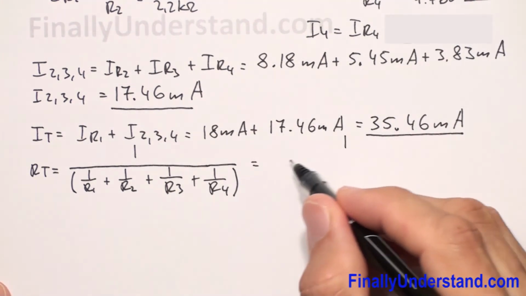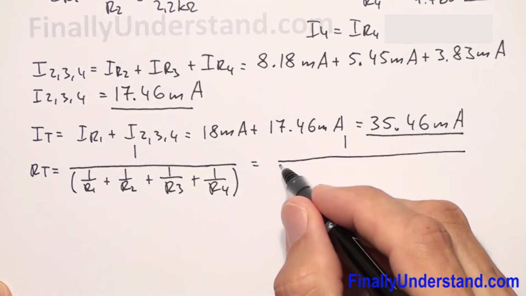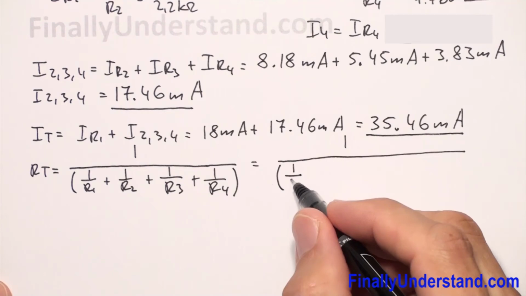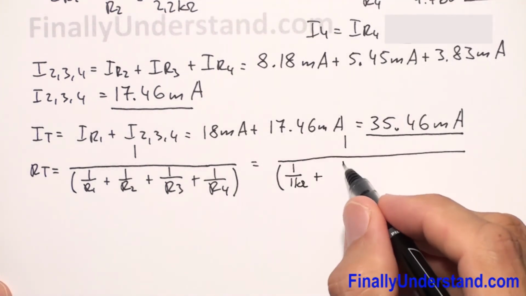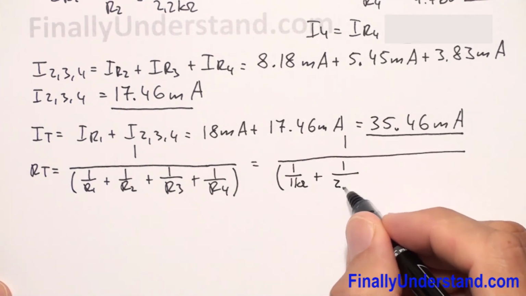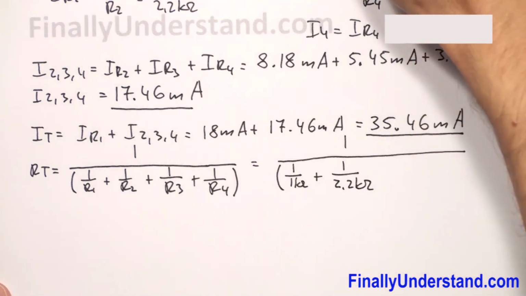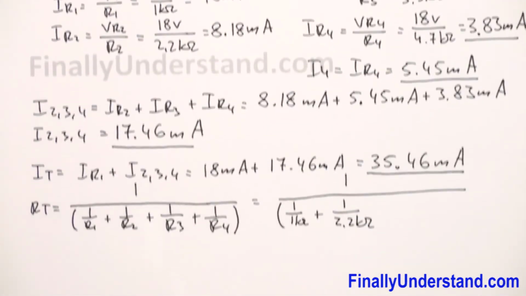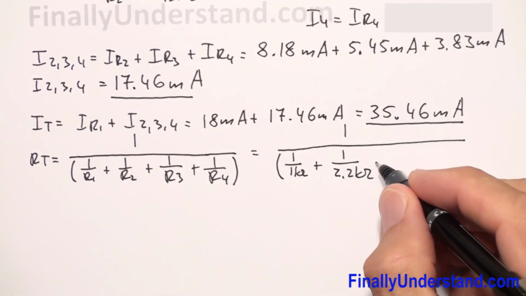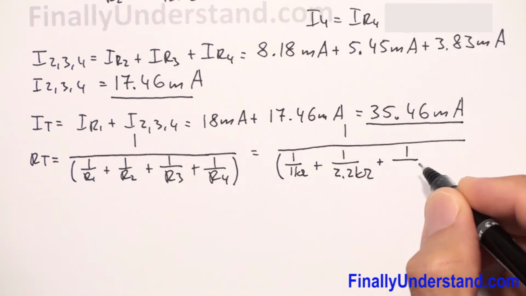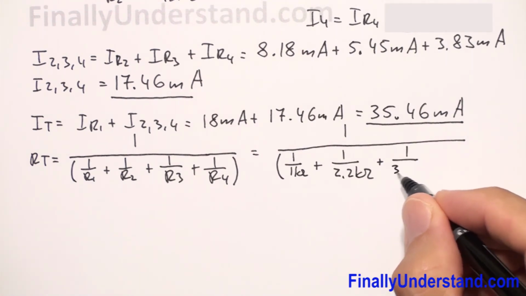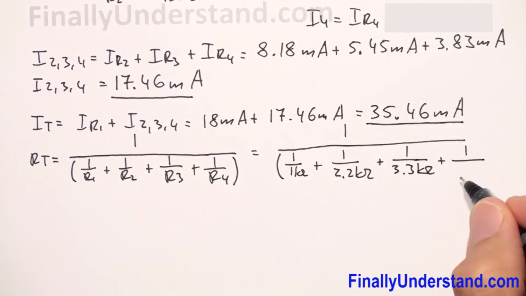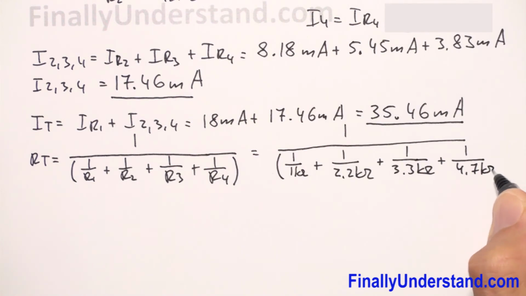So I have 1 divided by, open parenthesis, 1 over R1, which is 1 kilo ohm, plus 1 over R2, which is equal to 2.2 kilo ohms. Okay, I have these values given on my diagram. And I have plus 1 divided by R3, which is 3.3 kilo ohms, plus 1 divided by 4.7 kilo ohms.